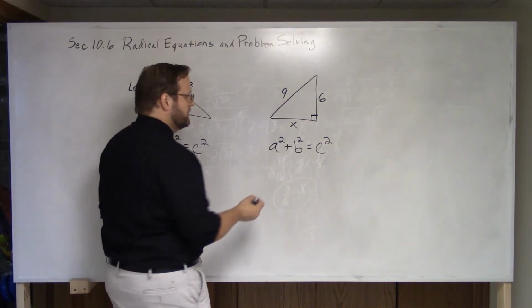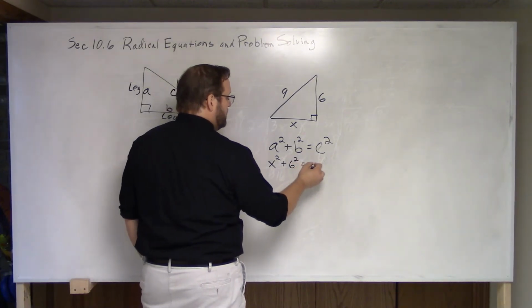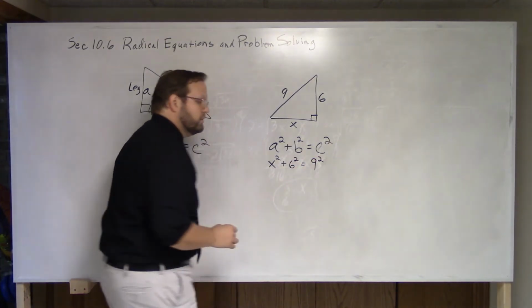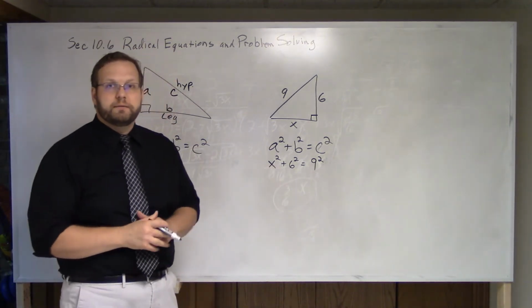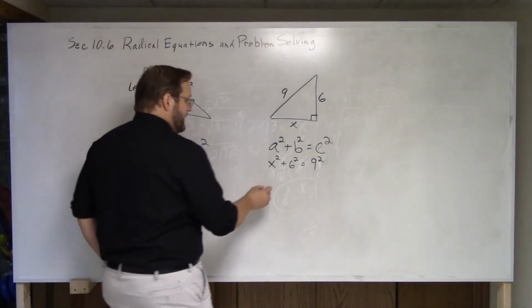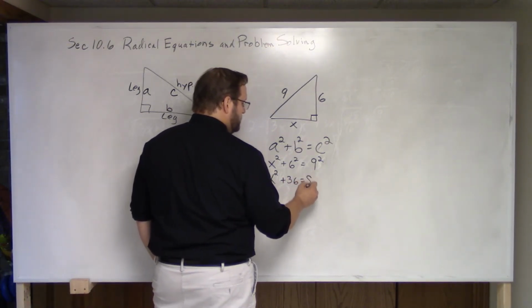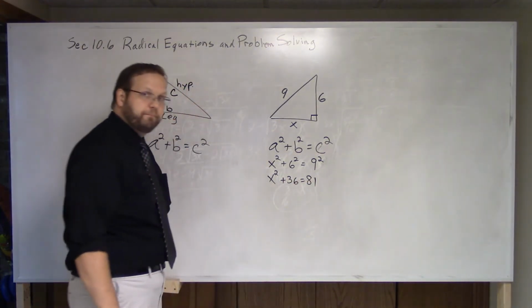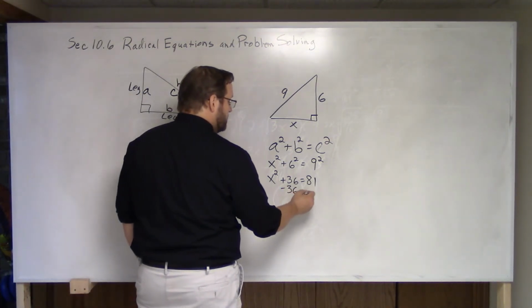Those are your legs. So I'm going to go with x squared plus 6 squared equals that hypotenuse of 9 squared. If you put 6 squared plus x squared, totally fine. Then I get x squared plus 36 equals 81. I subtract the 36.